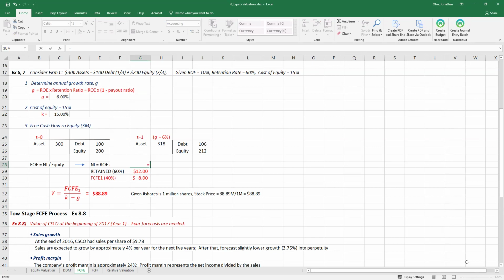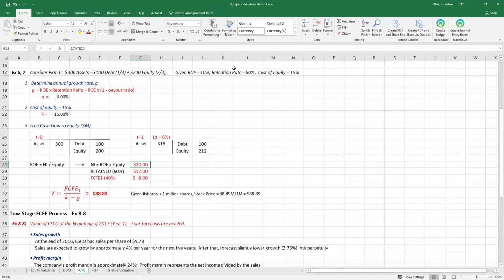Return on equity is 10%, times the total equity, whose starting value is this one, $200. It is $20 million. That is the company's net income this year.